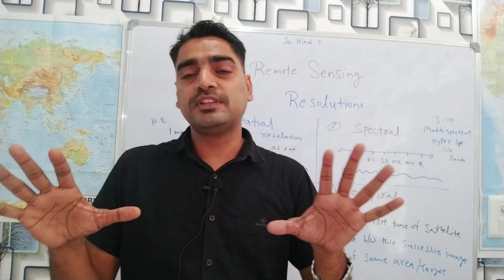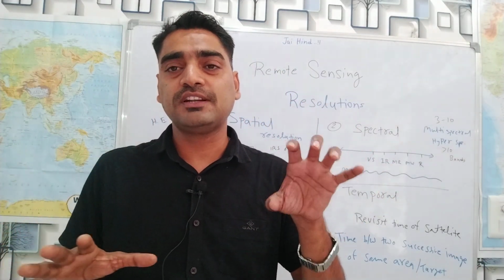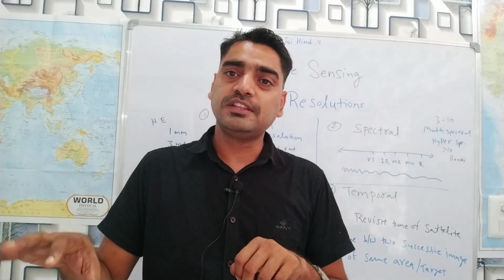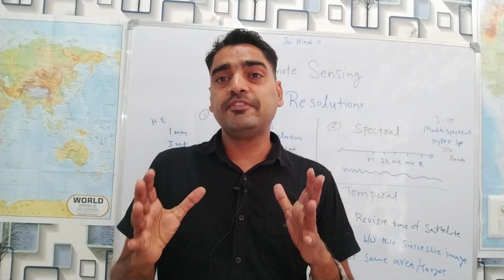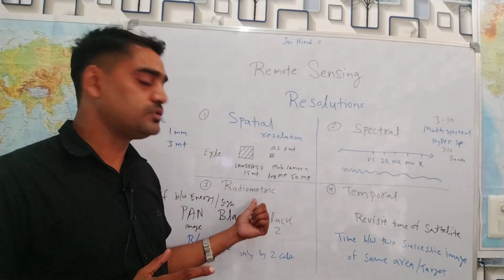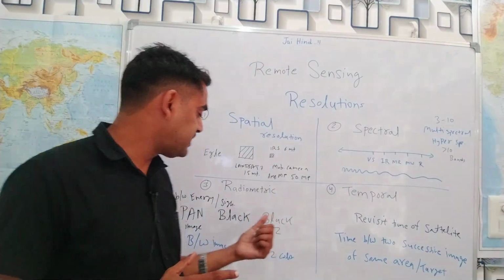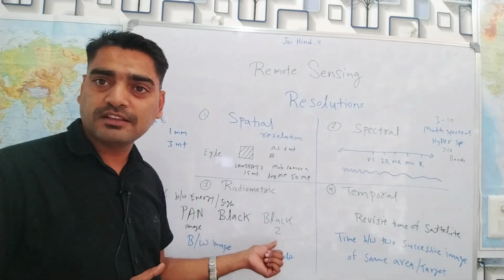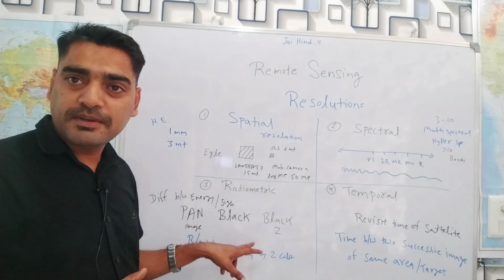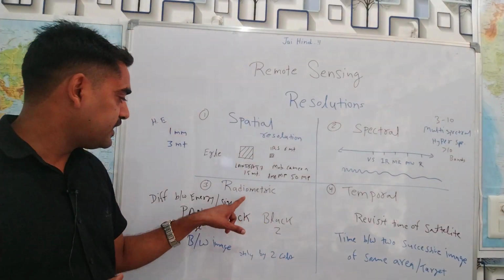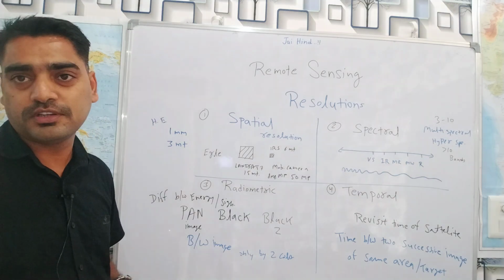If there are two trees, one having a dark green color and the other a light green color, at that time we need the radiometric resolution. Or if there is a black color and a jet black, differentiating between these two shades is the ability of the sensor known as radiometric resolution.